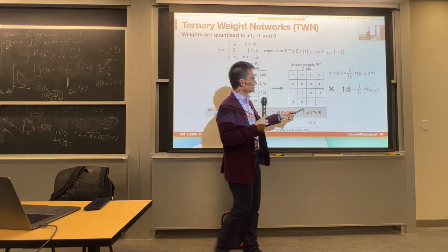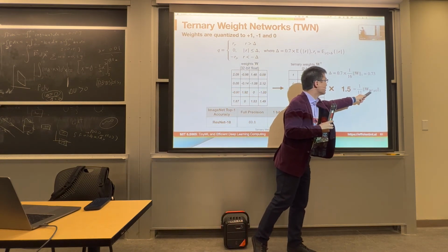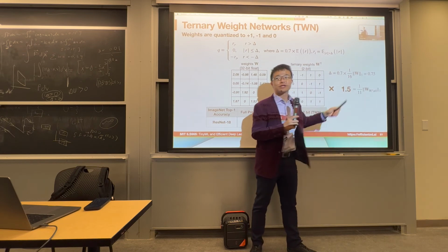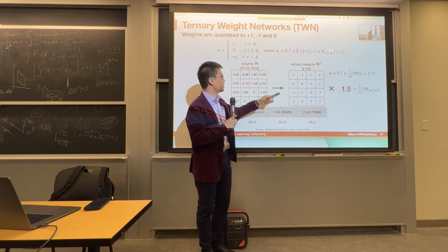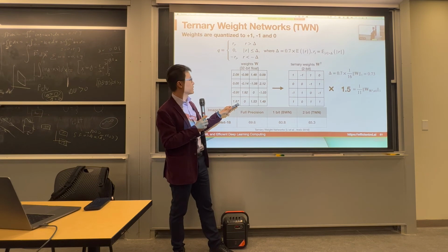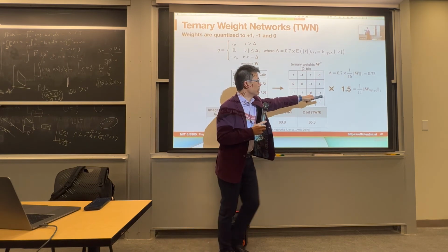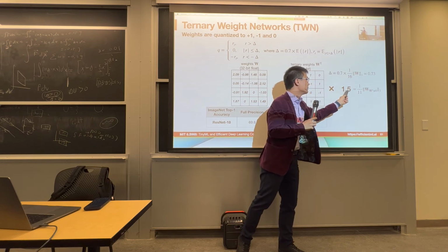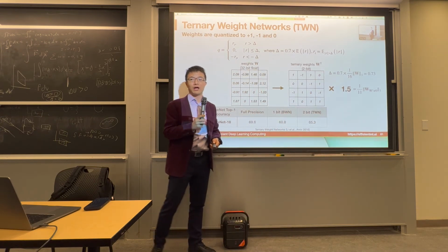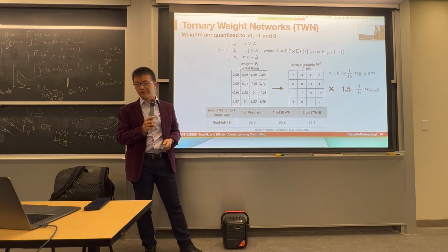Then we calculate the 1-norm for those non-zero elements. This is the sum over the non-zero elements, divided by 11, and we get 1.5, which is the scaling factor.